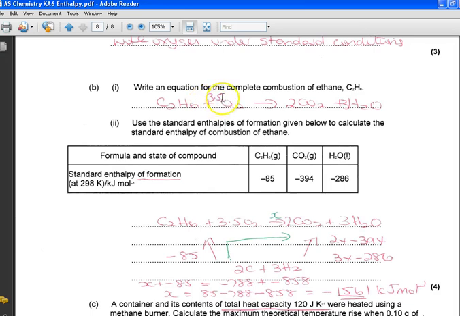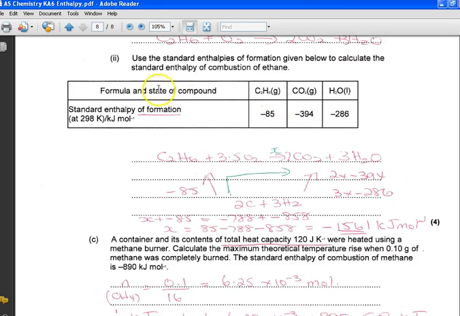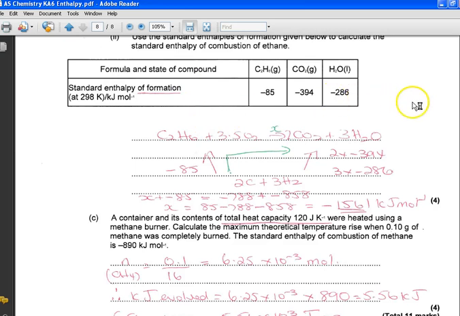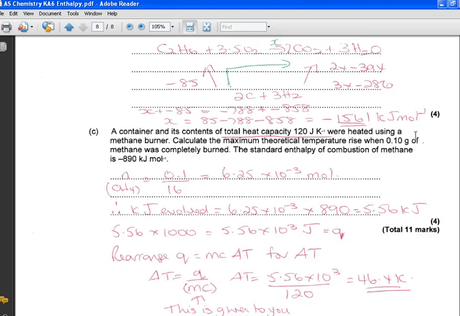As you can see, I didn't leave enough room to write in my 3.5, but it doesn't actually matter here because we're given enthalpy of formation data and there isn't a value for oxygen, but it needs to be in our equation to make sure we recognise everything else is correct. And that's it really. Draw your cycle, do the calculation.